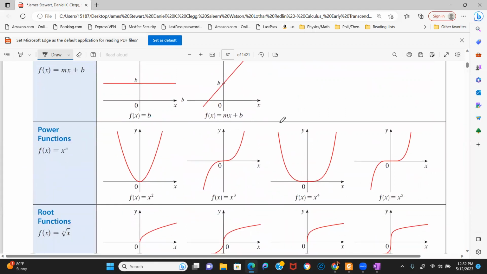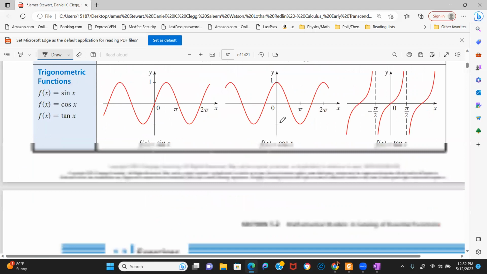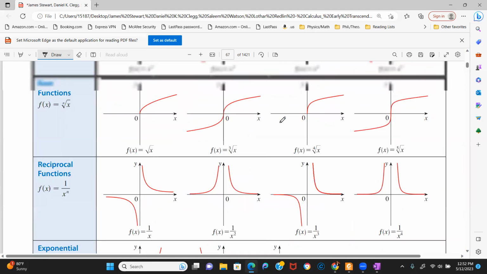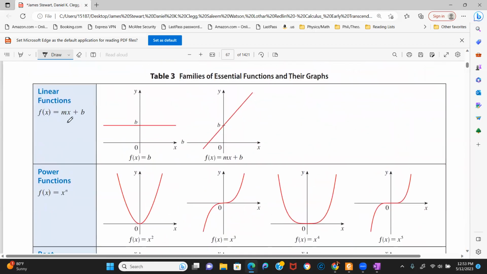All right, so here is just a summary of the functions we looked at and their graphs. And that's it. I'll just give you a second to look at this. So we got our linear functions. Again, these are polynomials of degree, actually, I should say zero or one.